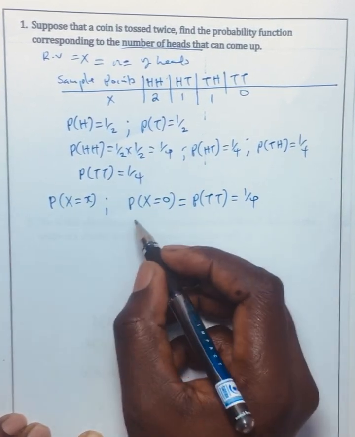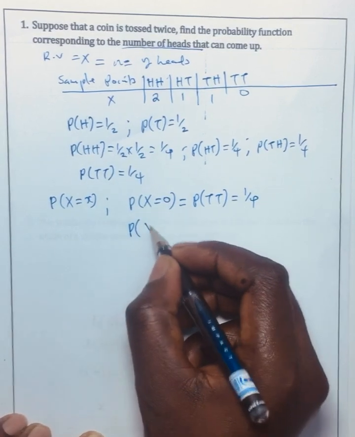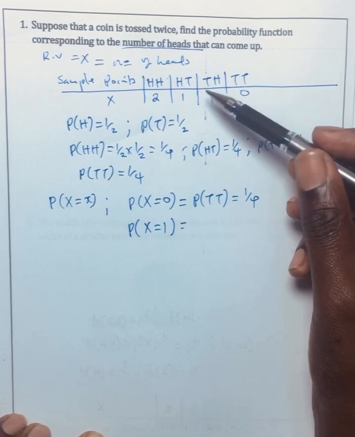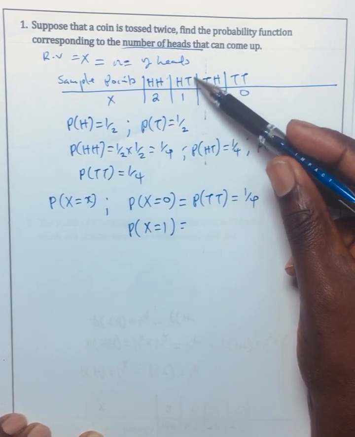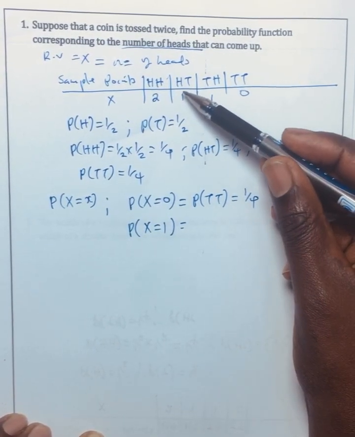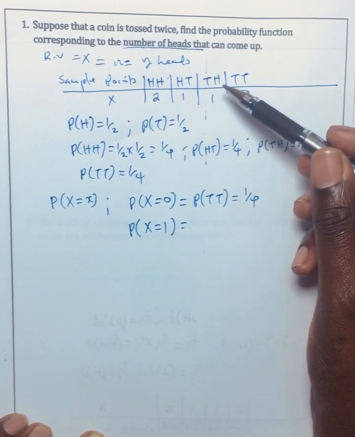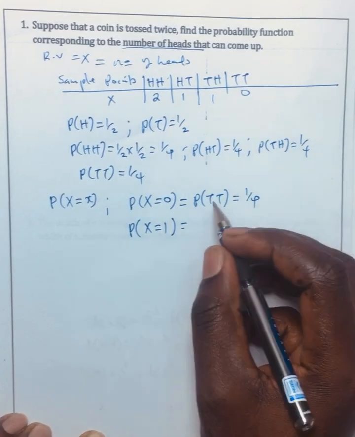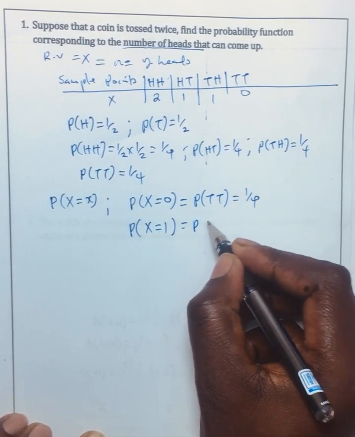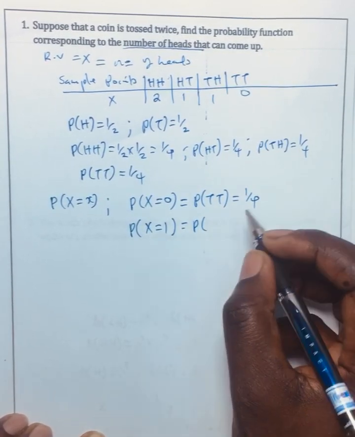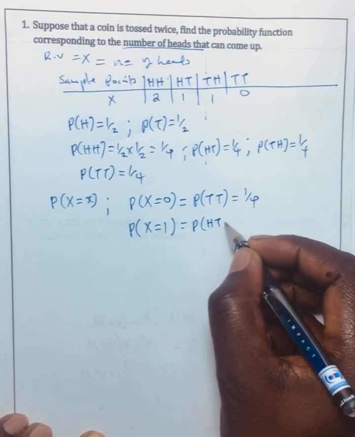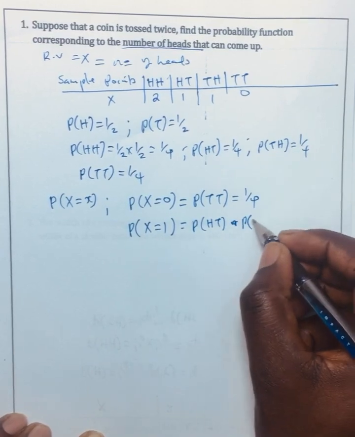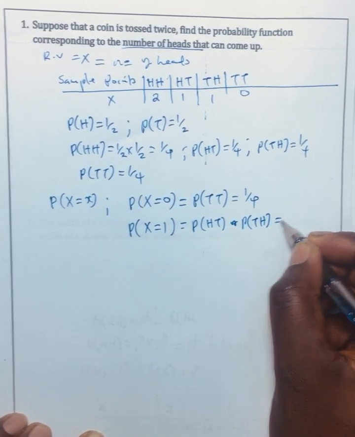The next one is the probability that x is 1. There are two instances when x is 1: getting a head then a tail, and getting a tail then a head. Both of those can happen, so we look for the probability of a head then a tail, or a tail then a head.